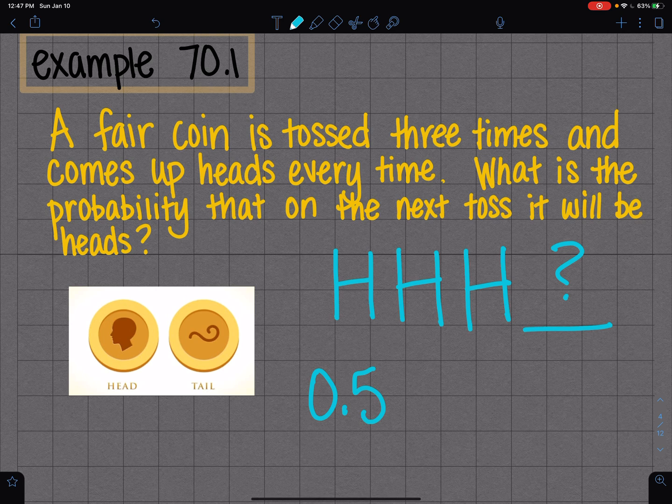The chance of getting tails is 0.5. And even if you get heads 3 times in a row, what's the chance of getting heads again? It's still 0.5. In other words, what has happened in the past does not affect any future events, as long as they are independent events. So the probability of heads on the next toss, I already know ahead of time before I even do the problem, is going to be 1/2.